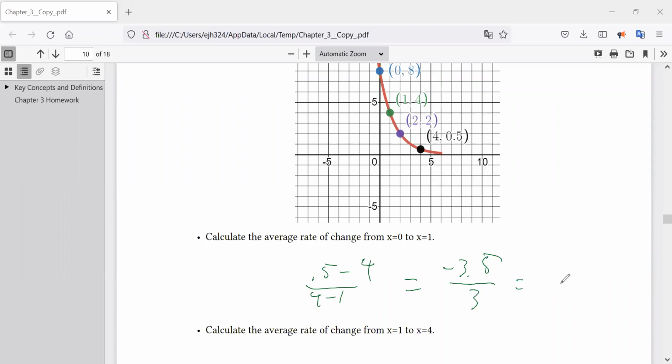So that would be -1 and 1/6. And that is your average rate of change in the interval from x equals 1 to x equals 4 for this function.